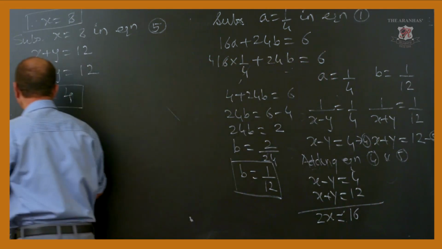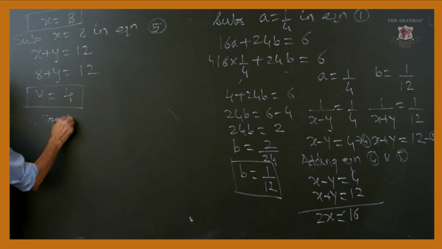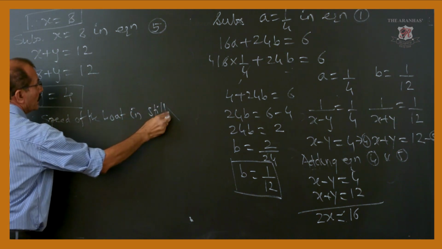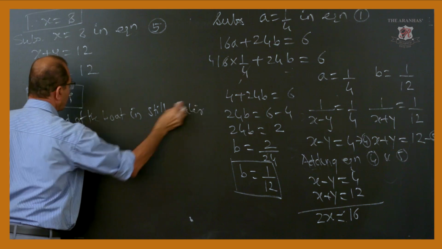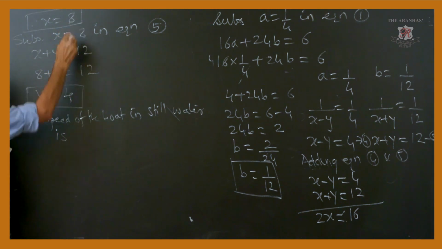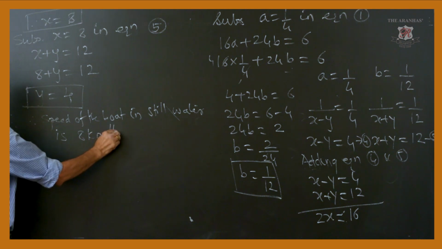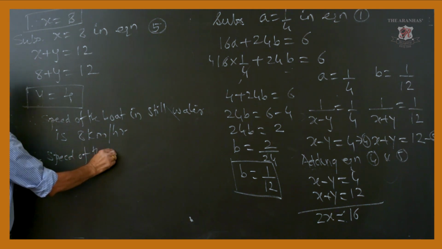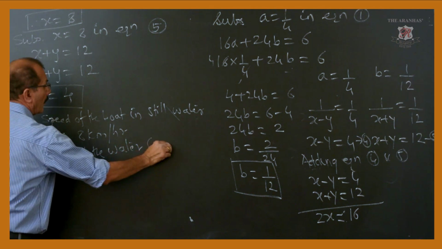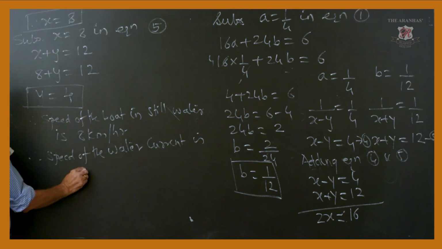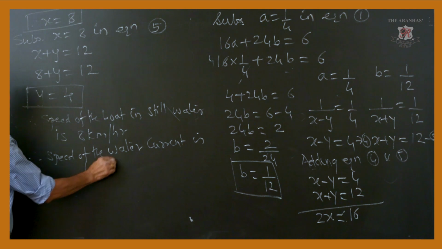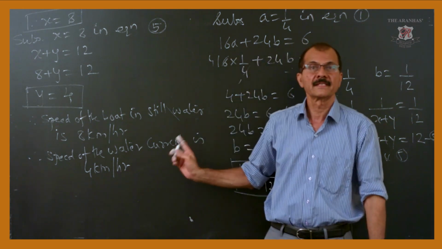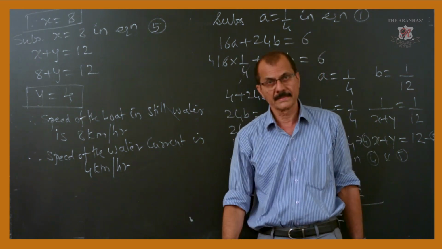Therefore, speed of the boat in still water is 8 kilometers per hour and speed of the water current is 4 kilometers per hour. This completes your sum, which carries 4 marks, right.